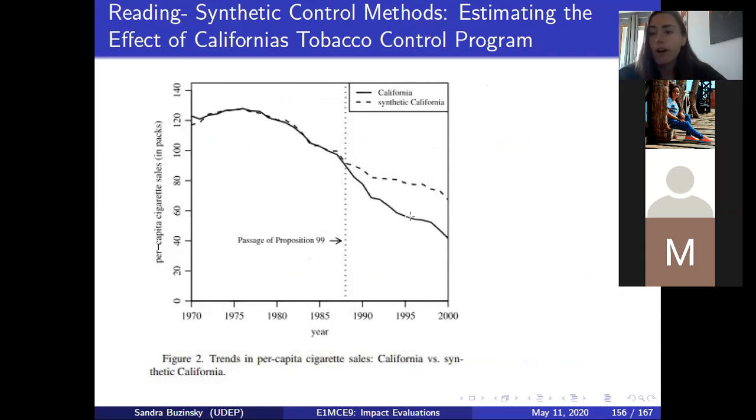You can see that there's a large negative decrease in cigarette sales from the policy, right? So we would take that as a causal effect. We can see that there's a large decrease in the cigarette sales per capita between California and the synthetic California.